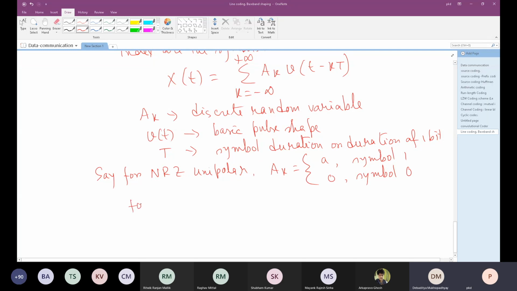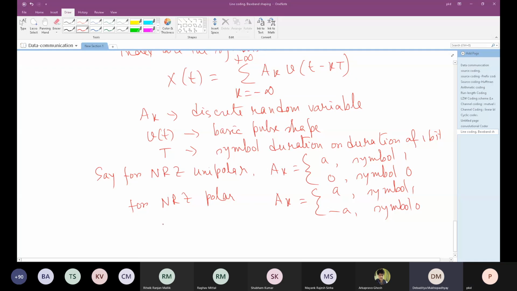Say for polar, a_k equal to A for symbol 1 and minus A for symbol 0.